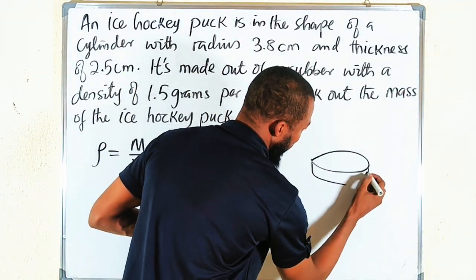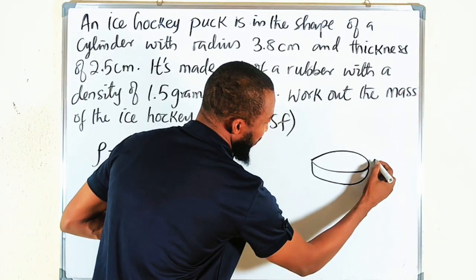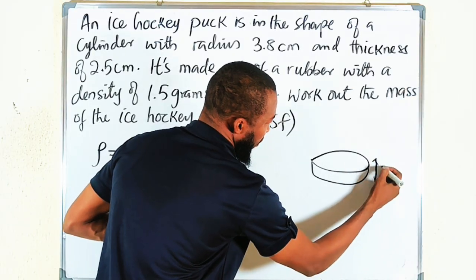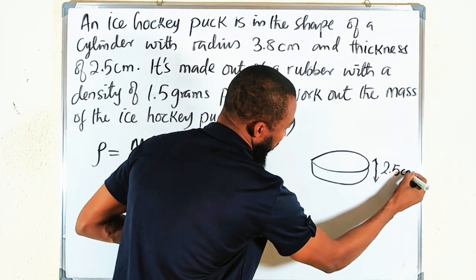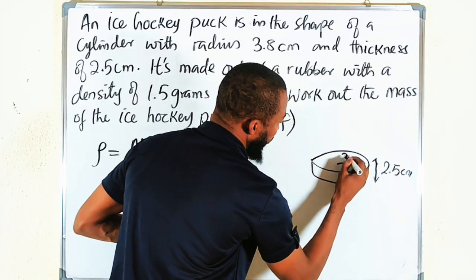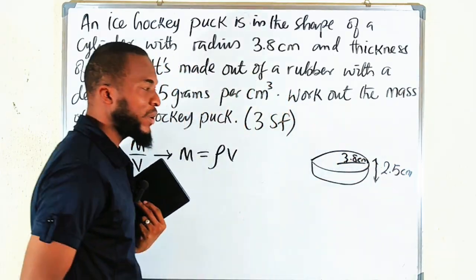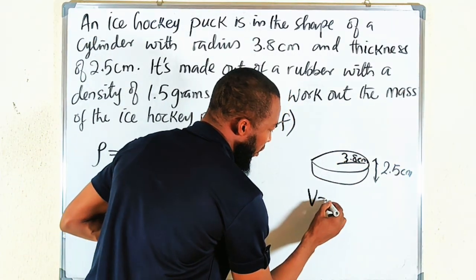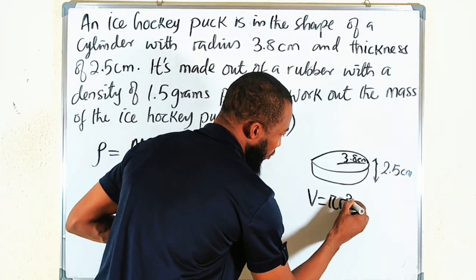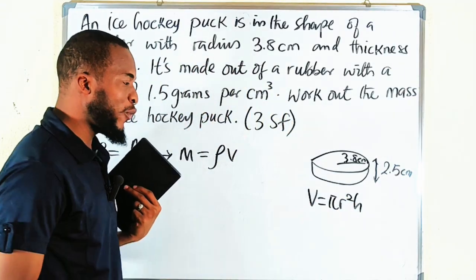something like this. The thickness is 2.5 cm, right? But the radius is 3.8 cm. What is the formula for volume? Pi r squared h. This is the formula.